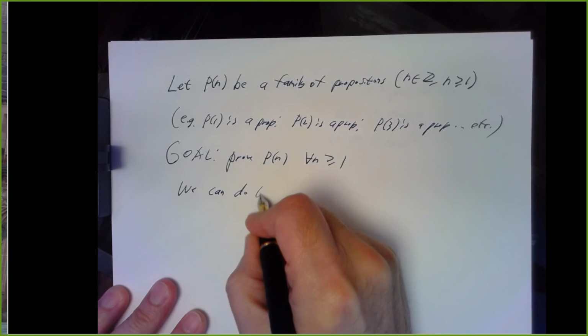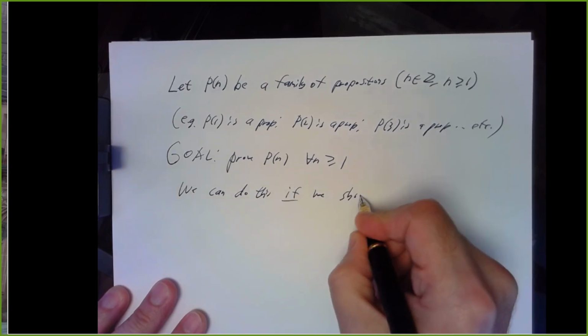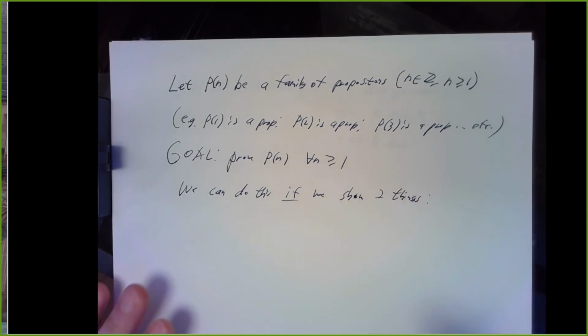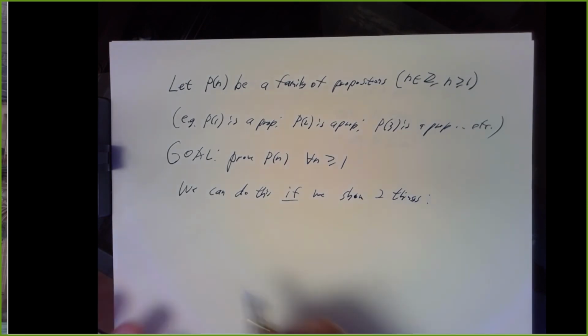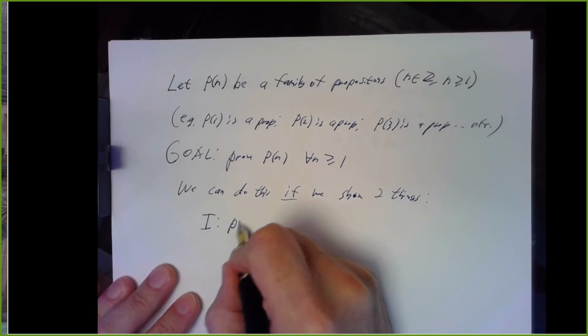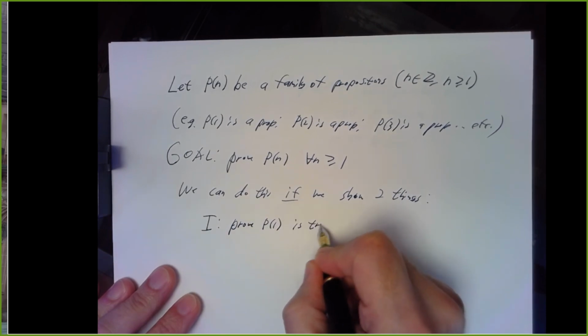We can do this if we show two things. Not an infinite number of things, we only have to show two things. Alright, first thing we have to show, prove that P of 1 is true.